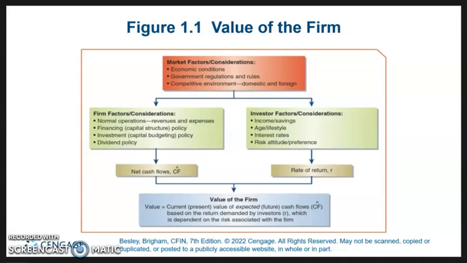That means that the rate of return is going up, cash flow is going down. That means the value of the firm has likely fallen. Some firms, just about all firms have fallen substantially. Some much greater than others.